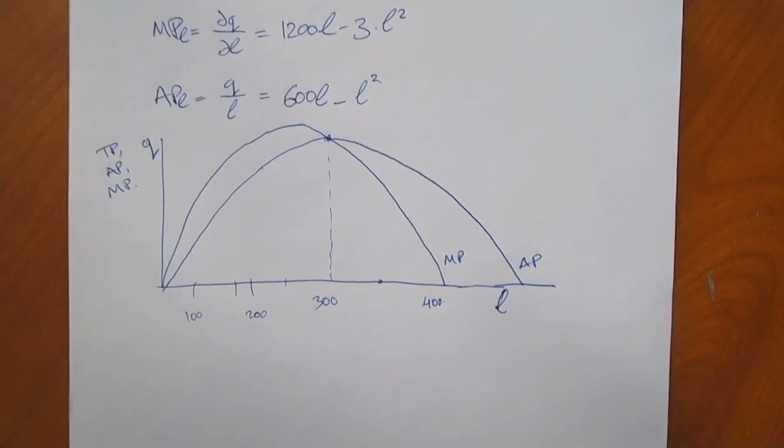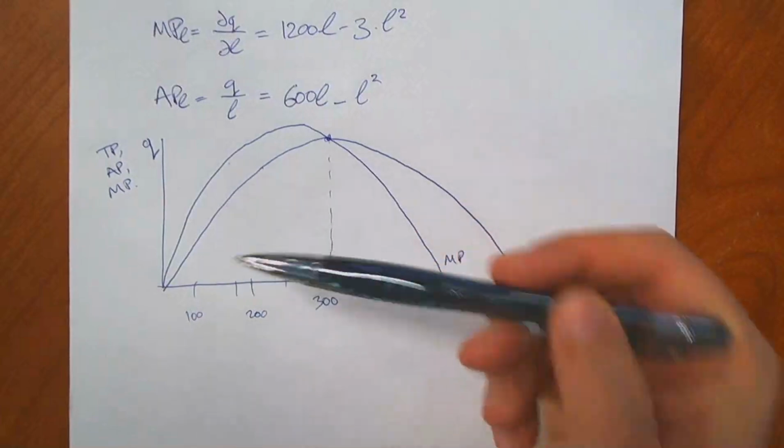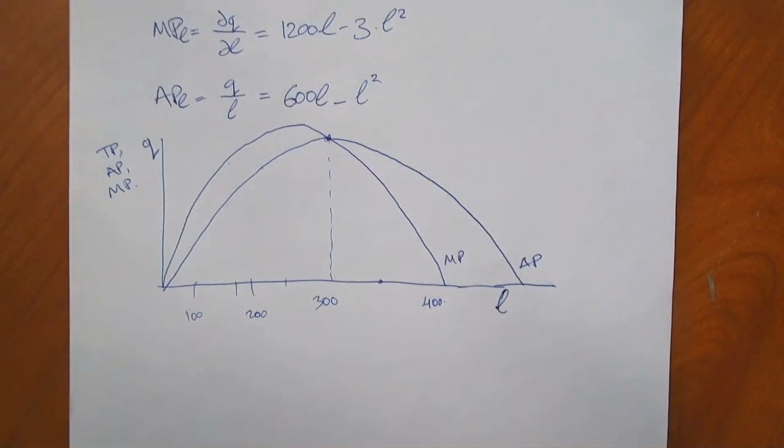I'm drawing this just to denote something about the relationship between the marginal product and the average product. The average product is always going to be increasing as long as the marginal product is above the average product, right? So if the marginal product is higher than the average product, then the marginal is effectively pulling the average product up.